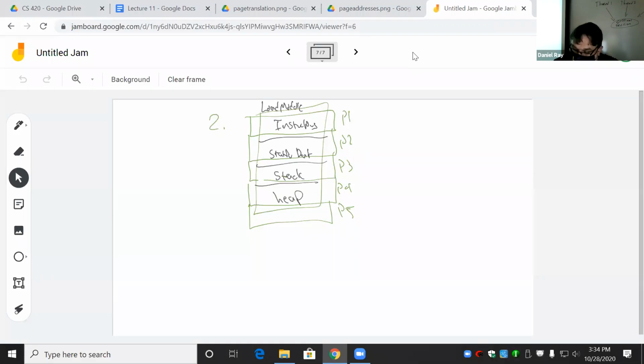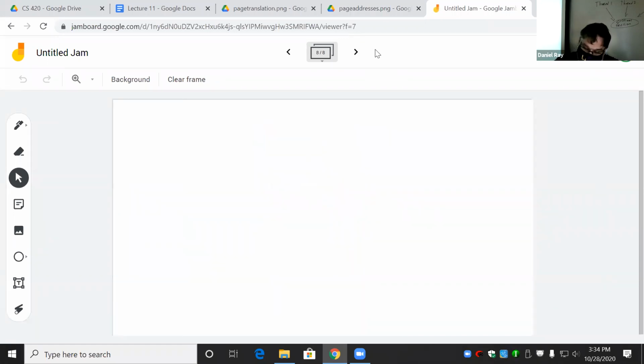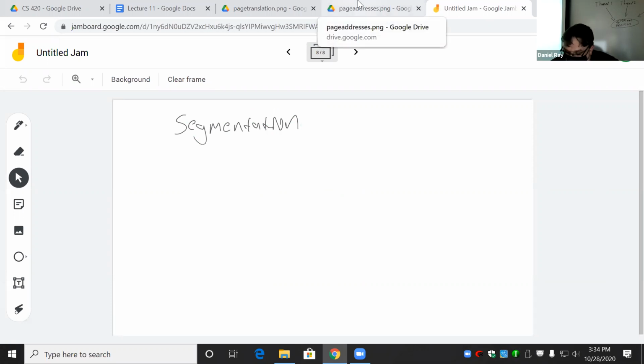All right, let's try a different thing. Instead of paging, let's try something called segmentation. Segmentation. Where do you hear the word segmentation?